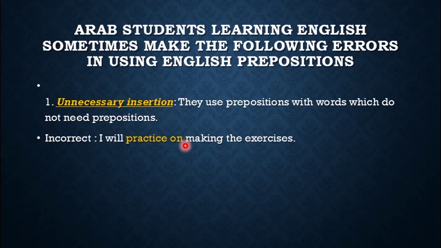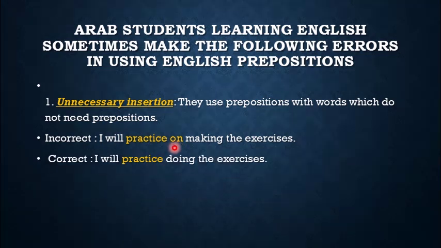So he literally translated على by inserting the preposition "on", which is incorrect, because in English we just say "I will practice doing the exercises", not "I will practice on". So he literally translated the Arabic version of the sentence.